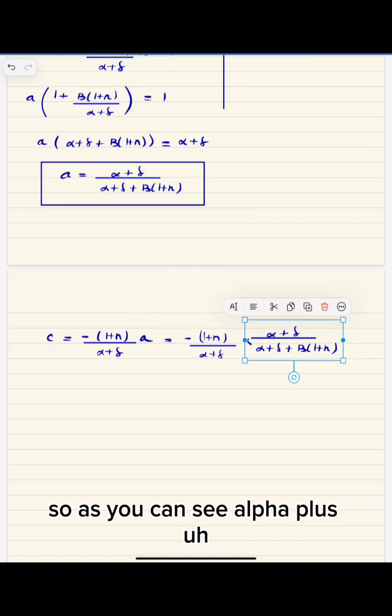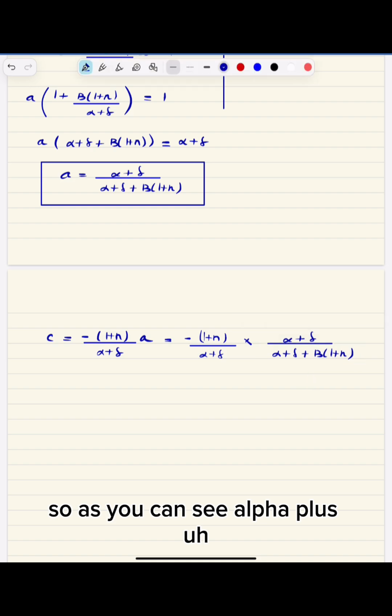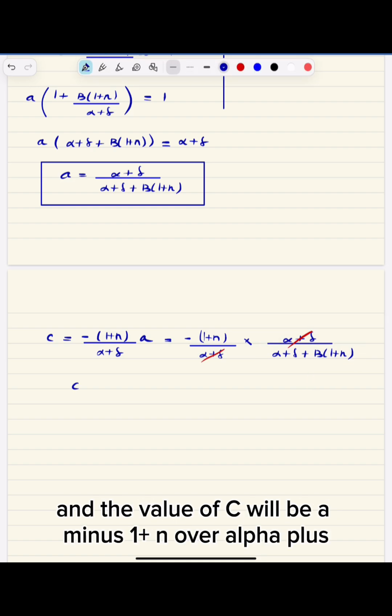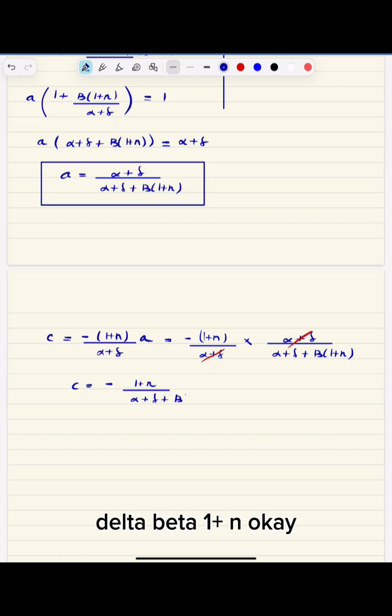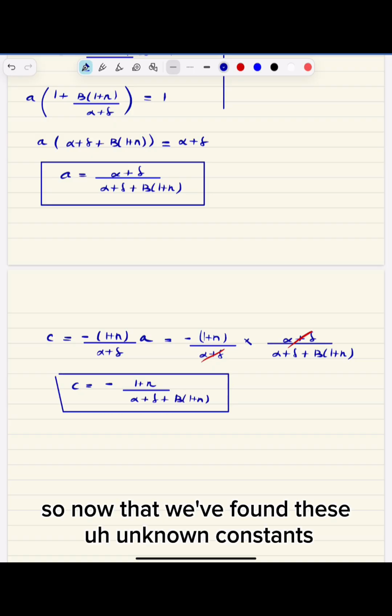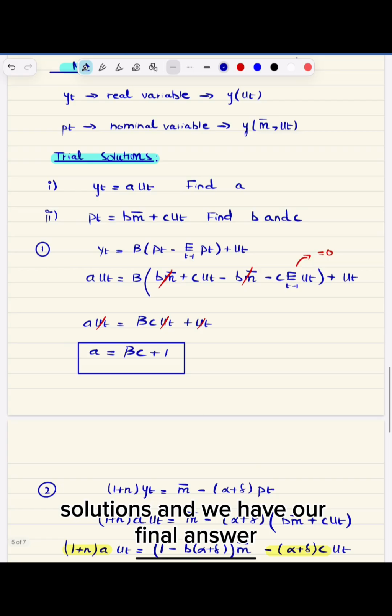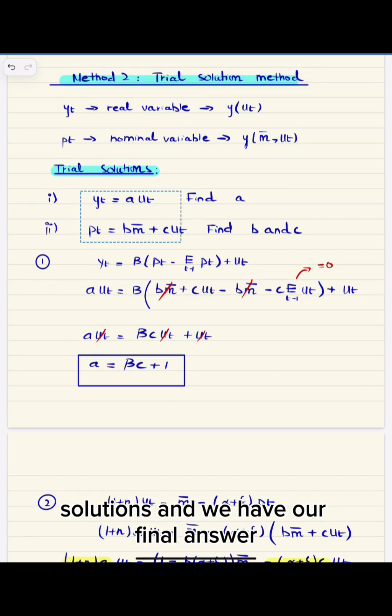So as you can see, alpha plus delta will just get cancelled out, and the value of c will be a minus 1 plus n over alpha plus delta beta 1 plus n. Okay, so now that we found these unknown constants, all we need to do is substitute it into our trial solutions and we have our final answer.